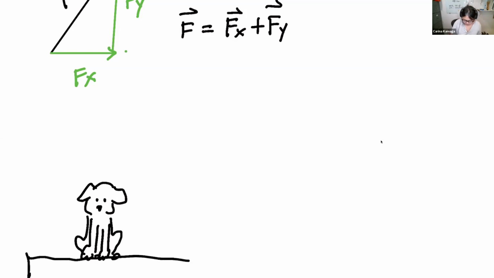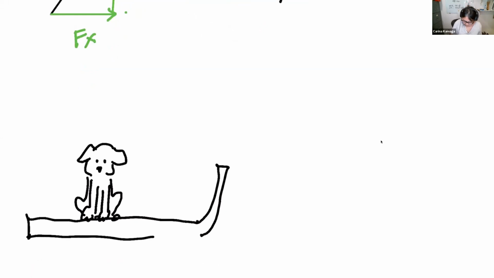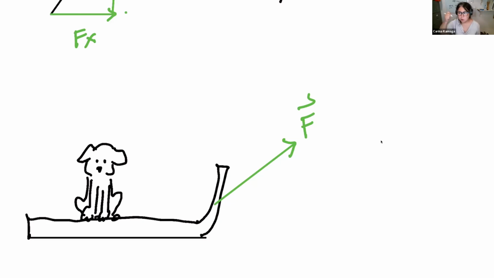And Nellie Nelson is pulling this sled. She's pulling this sled with some angle in this direction. So then what would be better for her to pull this sled? Horizontally or more vertically?